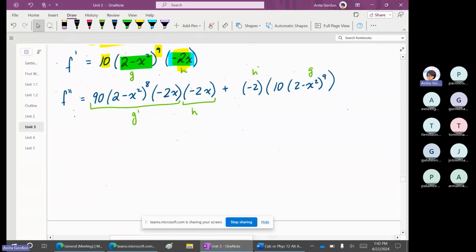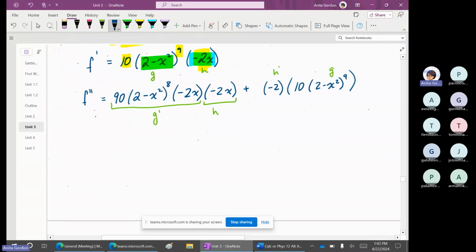Now, if I were just leaving it as a second derivative, I would collect like terms, simplify as best as possible. However, I don't need to do all of that because I'm evaluating it at f double prime of 1. So I'm just going to do direct substitution and not worry about simplifying it this time. So this is 90 bracket 1 to the power 8 times positive 4. I can do some of this in my head.